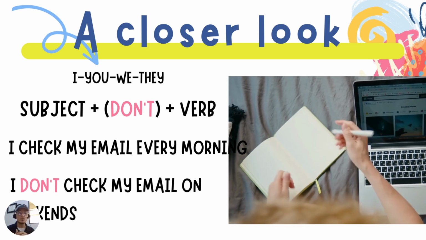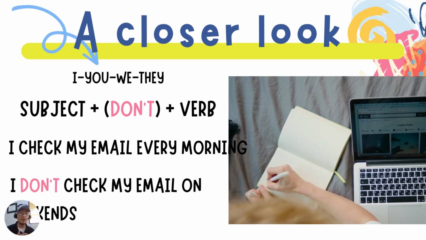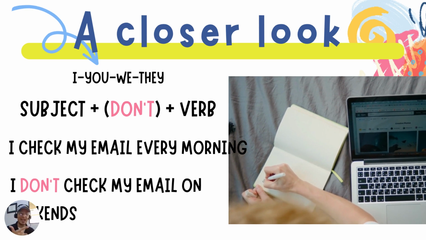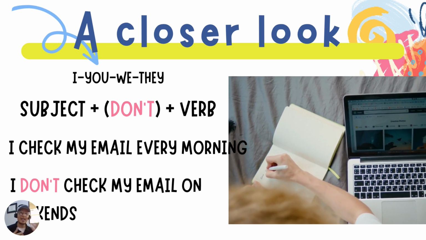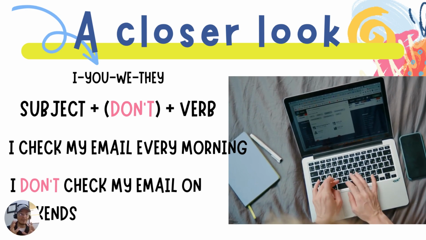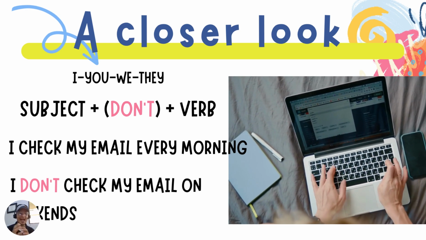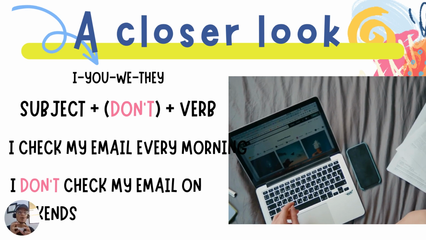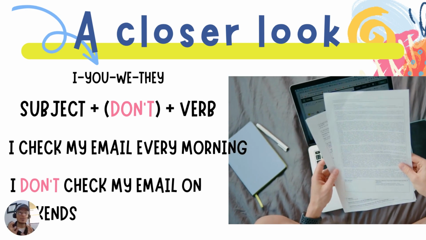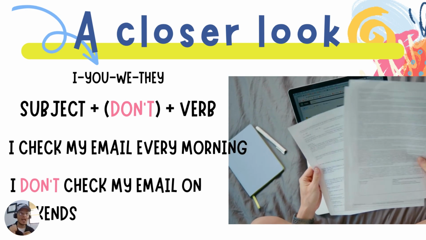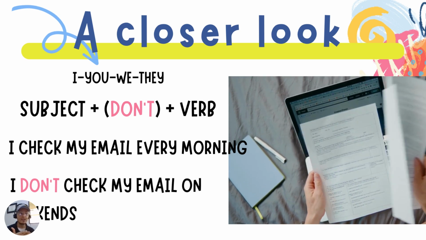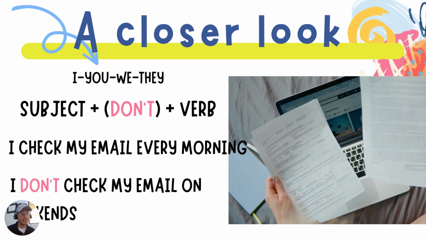You always start with your subject. For example, I check my email every morning. However, if you want to use a negative idea, the auxiliary is don't. For example, I don't check my email on weekends.